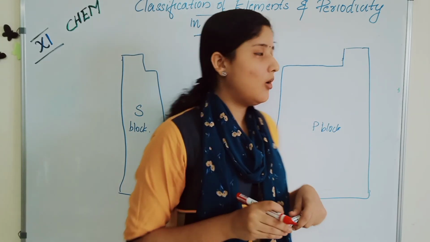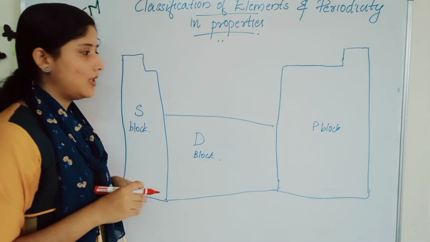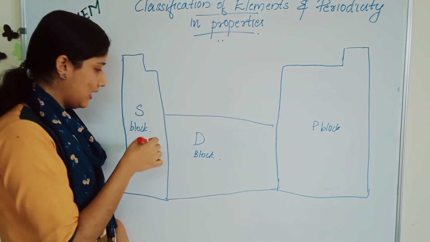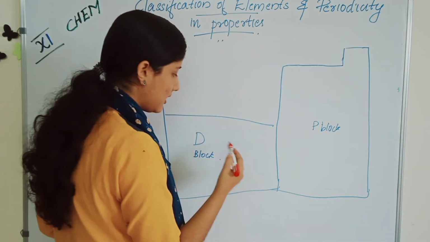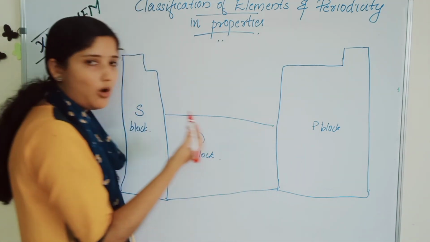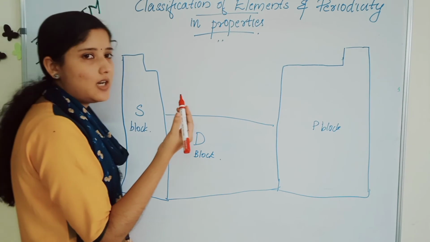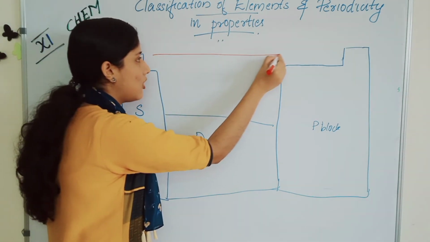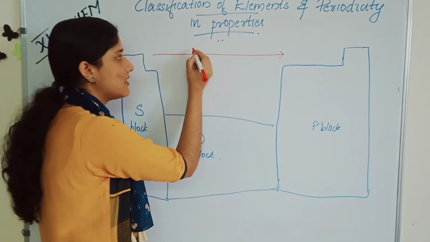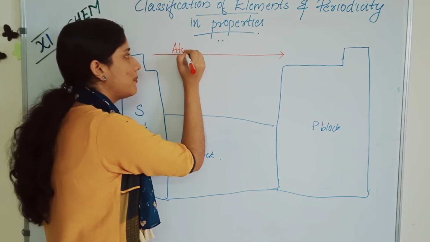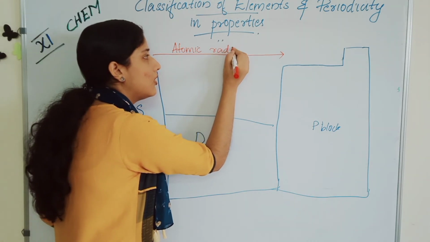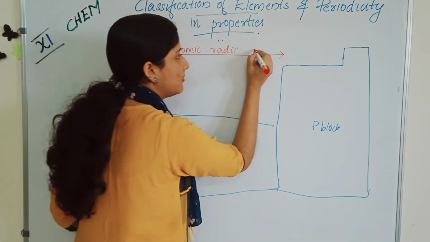All the properties. For the first property, just assume this as a periodic table. This is the s block, then the d block or the transition metals, and the p block elements. First we studied the atomic radii. From left to right, atomic radii decreases.